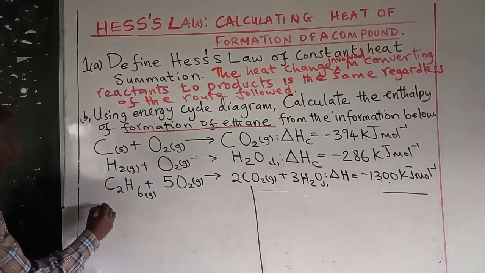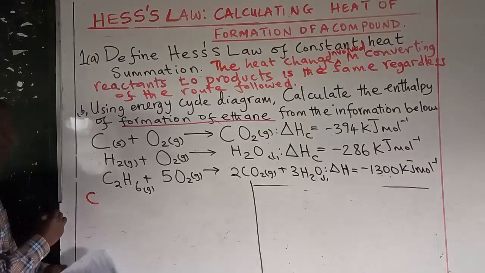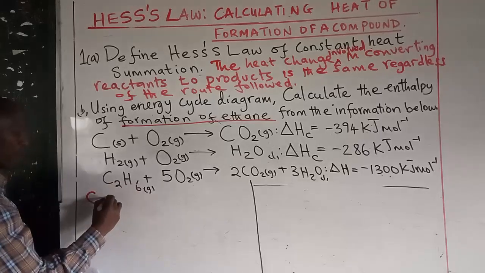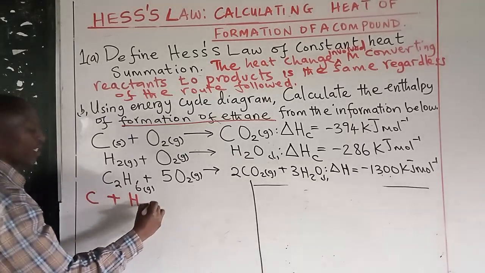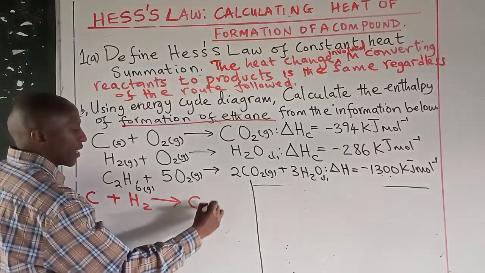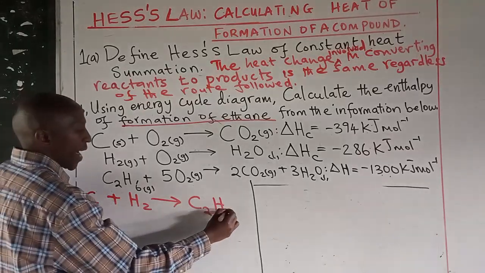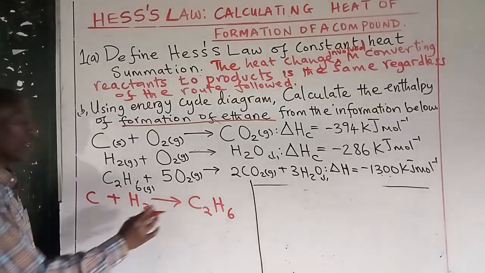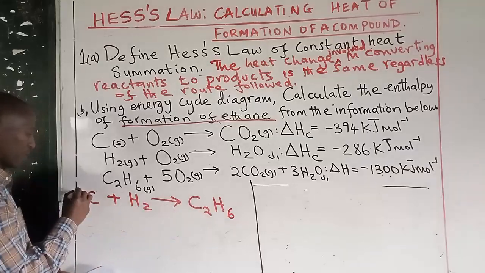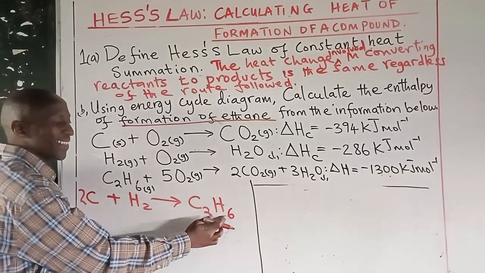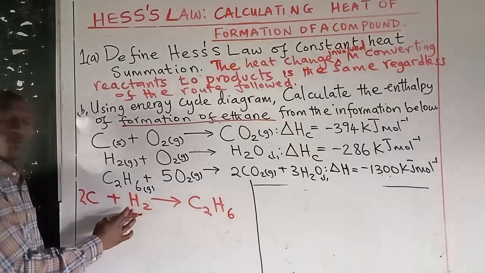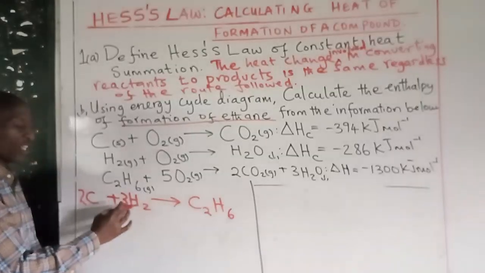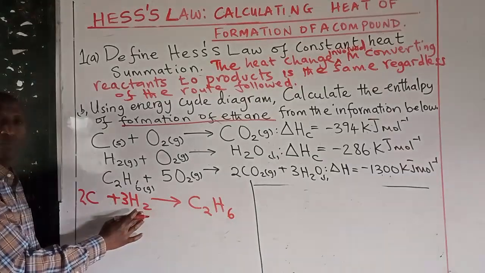That we have carbon, which for ethane to be formed would need to react with the hydrogen, so that we have ethane. Ethane is C2H6. So what does it mean? It means we shall require 2 carbon atoms here. We shall require 6 hydrogen atoms. Where will they come from? They will come from 3 molecules of hydrogen, totaling 6 atoms.